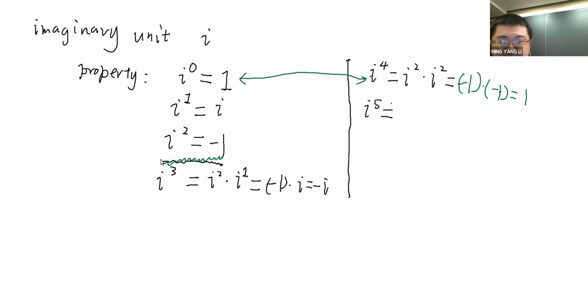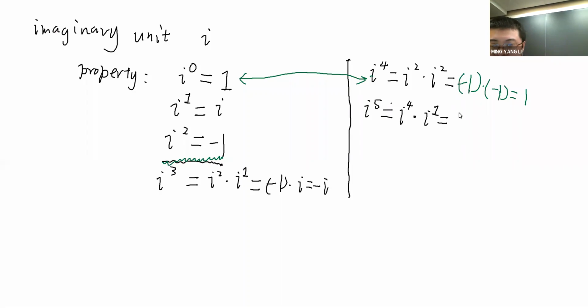If we consider I to the power of 5, a useful fact is that I to the power of 4 equals 1. So I to the power of 5 is I to the power of 4 times one more, since 5 is 4 plus 1.